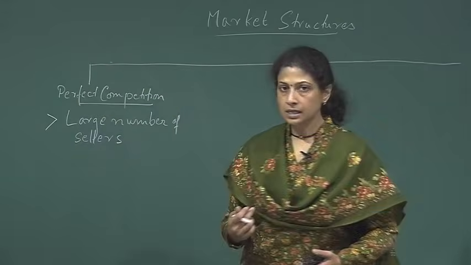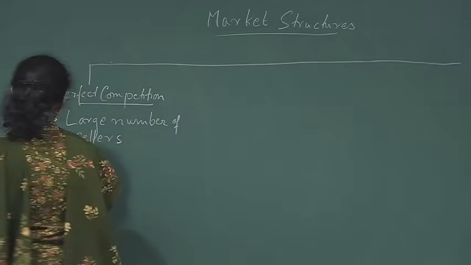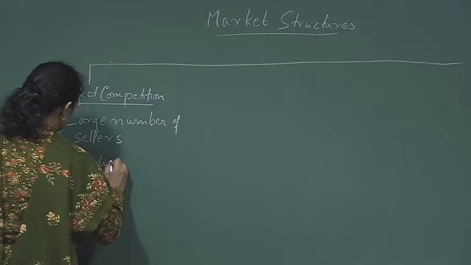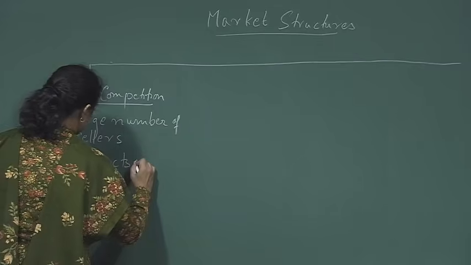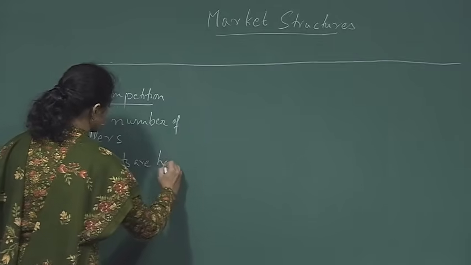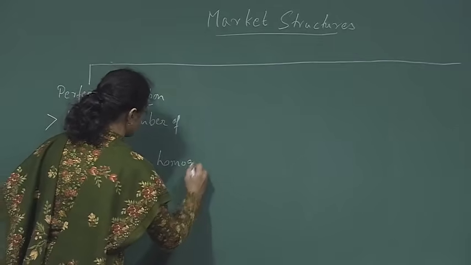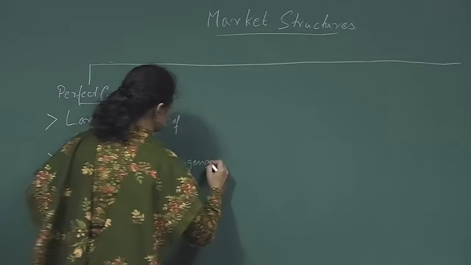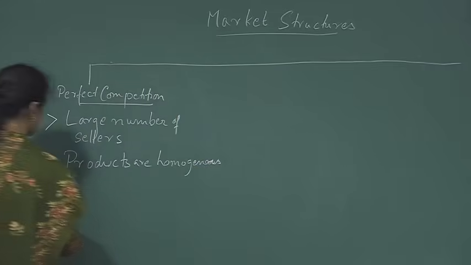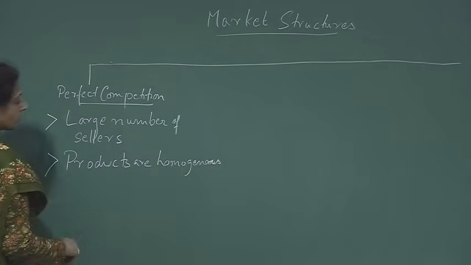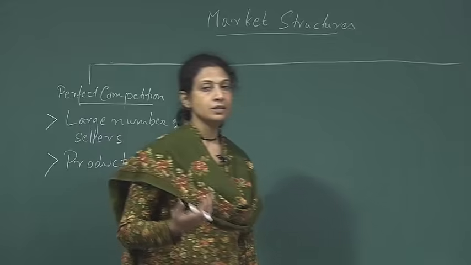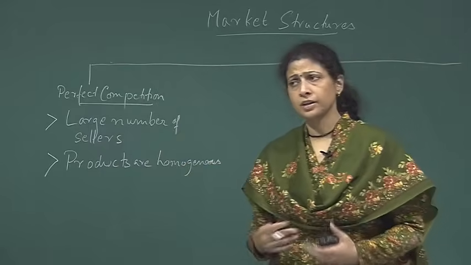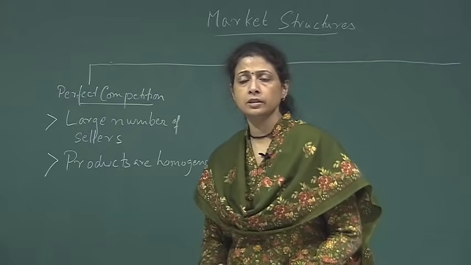And secondly, substitutability of the product. Basically, products are homogeneous. When I say products are homogeneous, that basically means the products are all very similar to each other. Not only very similar, they are exactly similar to each other.